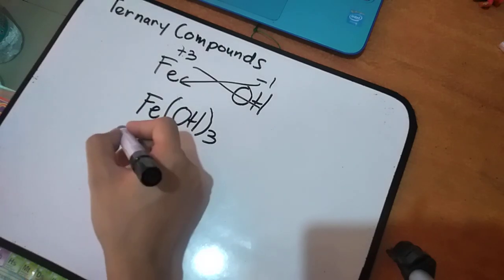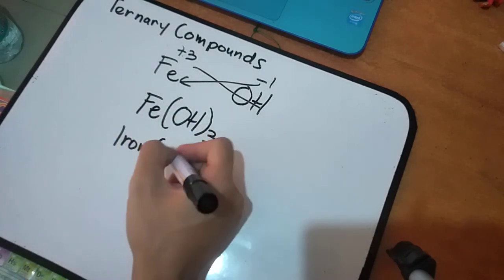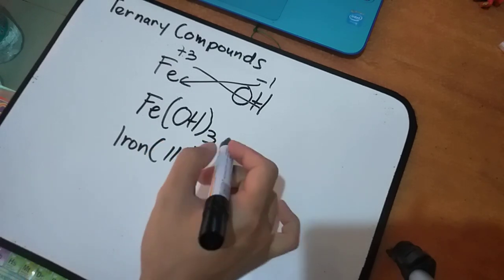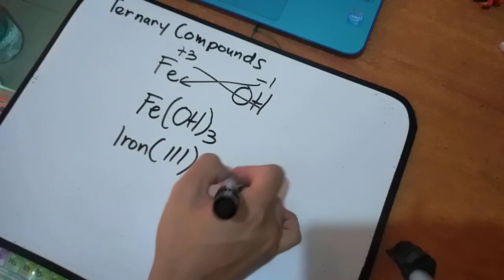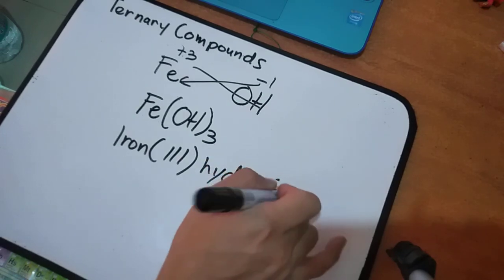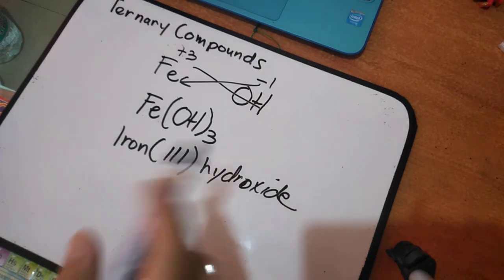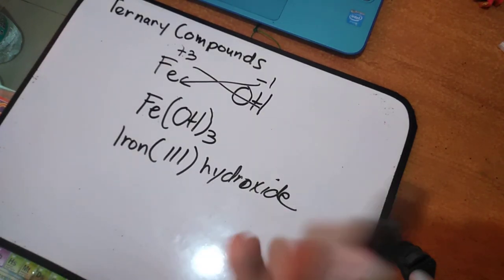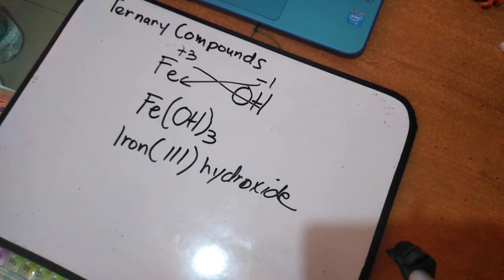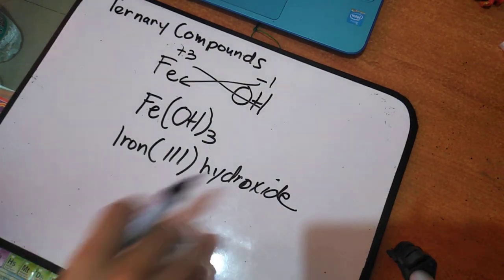So this would be your iron 3 hydroxide. And that is how you name a ternary compound. Very basic. Diba? It just simply follows the rule of the ionic compound.